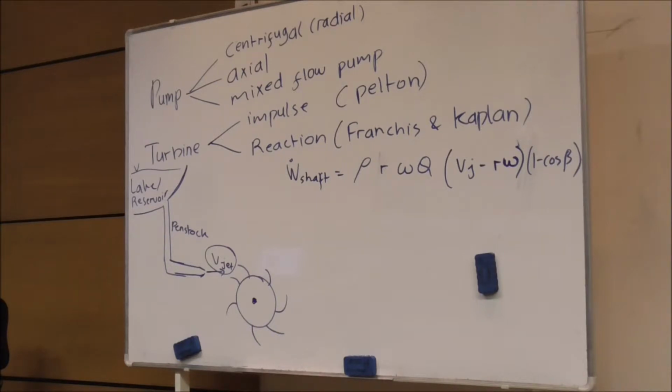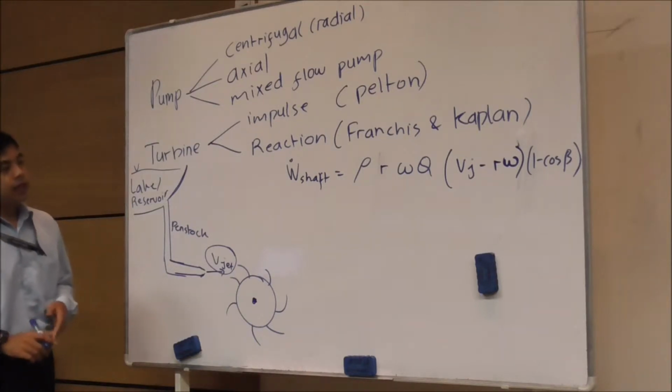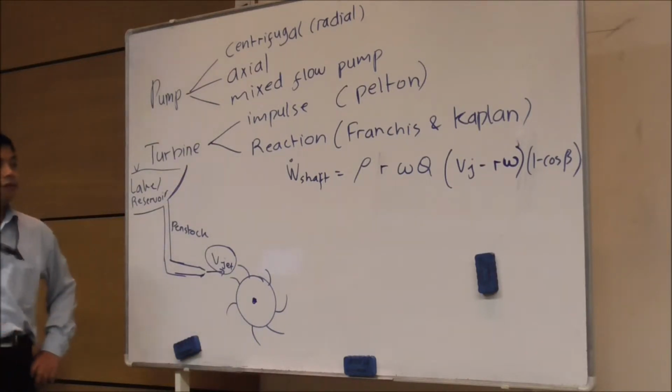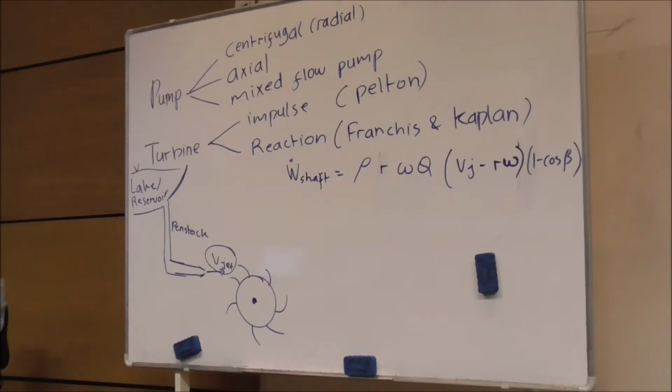Okay, so let me open that. Your W shaft is rho r omega Q times (Vz minus r omega) times (1 minus cos beta). Basically that beta comes from the deflection of your water.